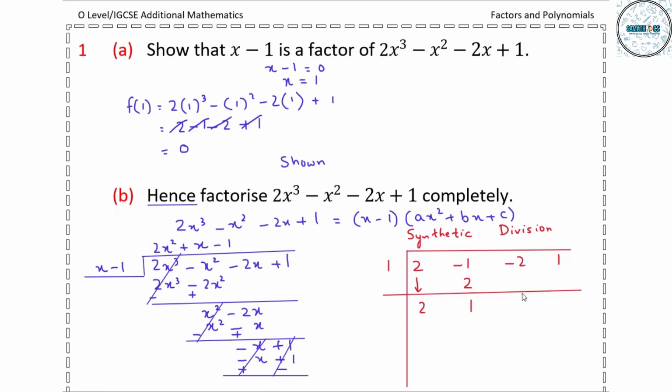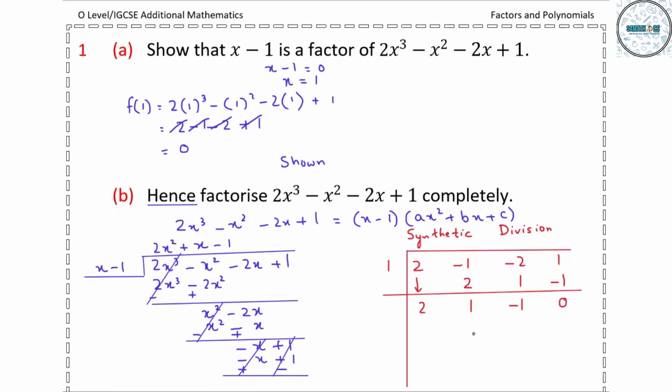So 1 multiplied by 1 is 1, which is to be written below the next number. We will simplify. We will get minus 1 here. We'll do the same. We will multiply 1 by minus 1 and we will write below this. This will give 0. Make sure that the last answer is to be 0.